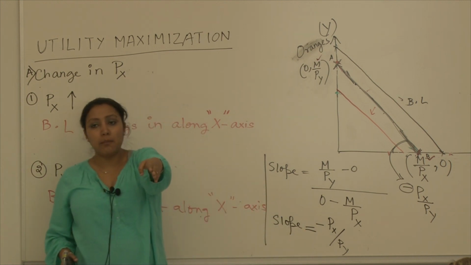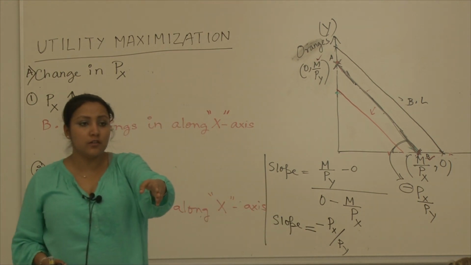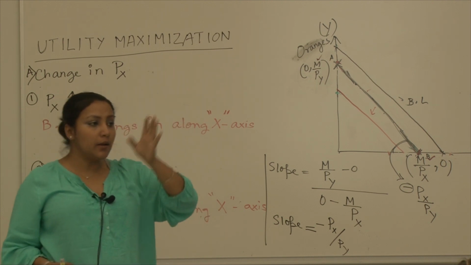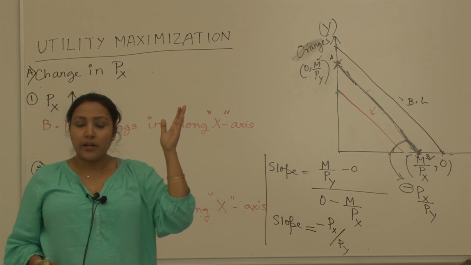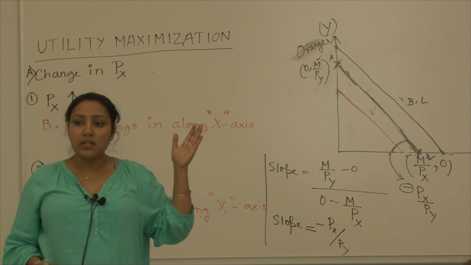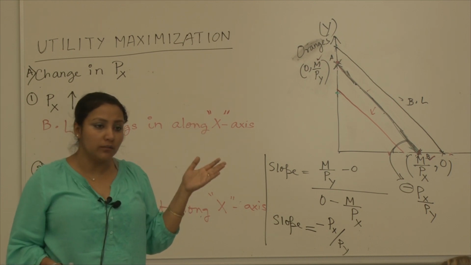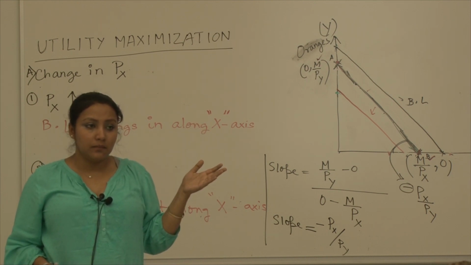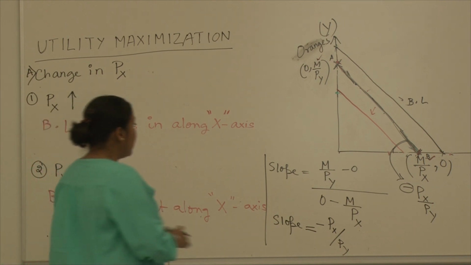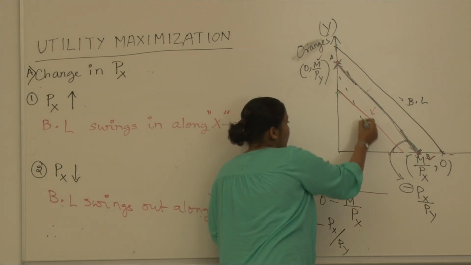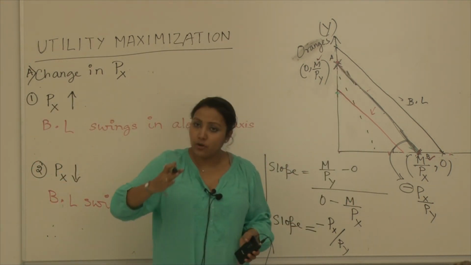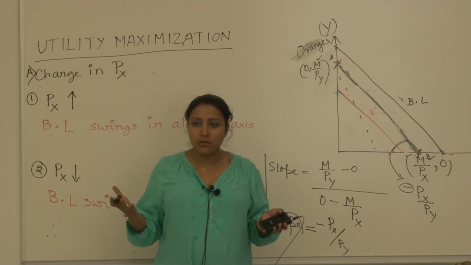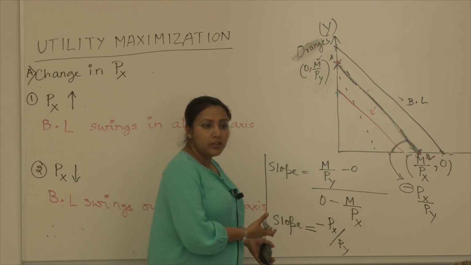That is exactly what happened. Flip your page and see. In the first diagram, when you rotated the budget line inside, that rotated budget line is steeper than the previous one, isn't it? Can you see that? That rotated line has a steeper slope. That's exactly the reason.